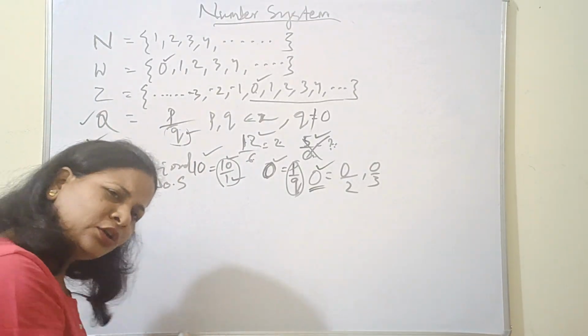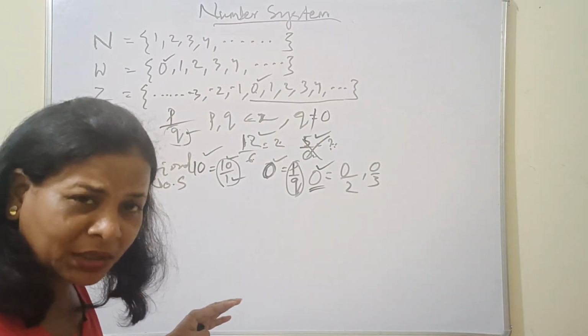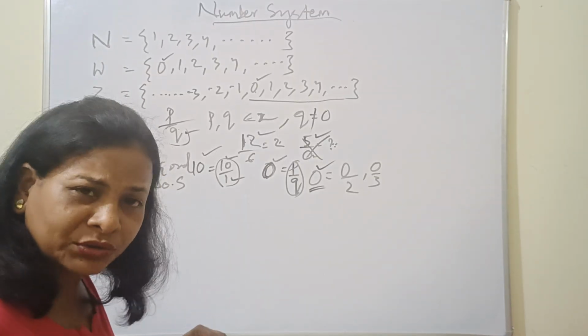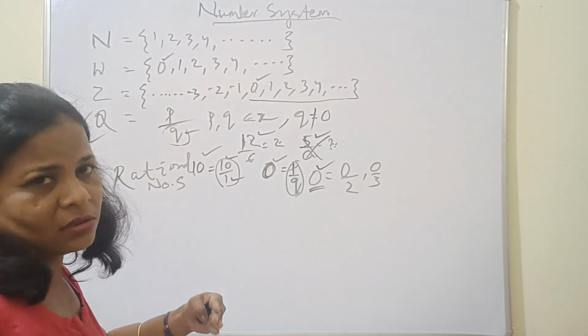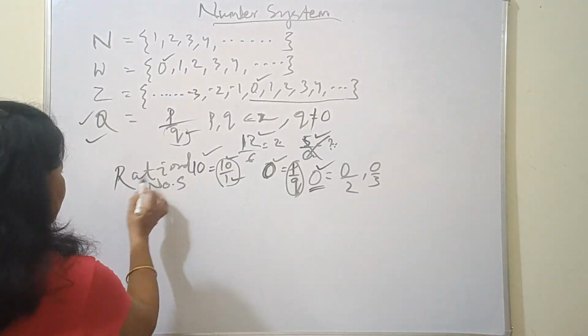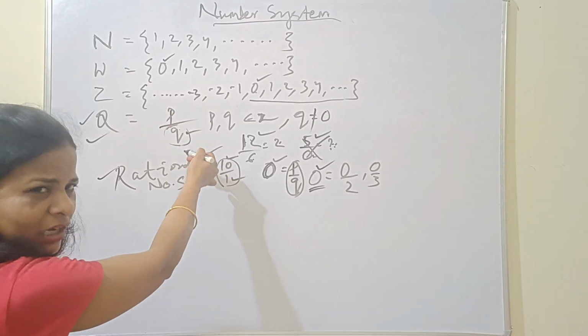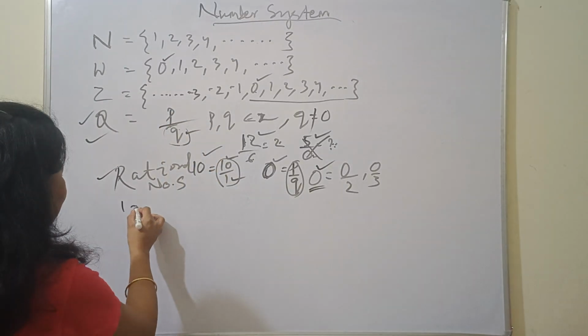And those numbers which cannot be written in this form are irrational numbers. Which are like this are rationals, and which are not like this are irrationals.